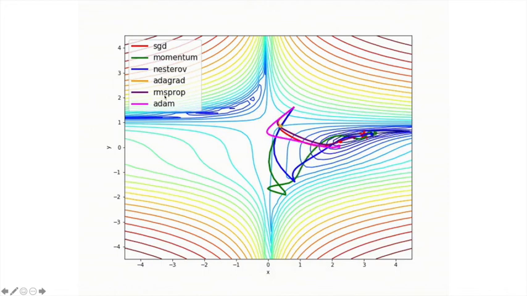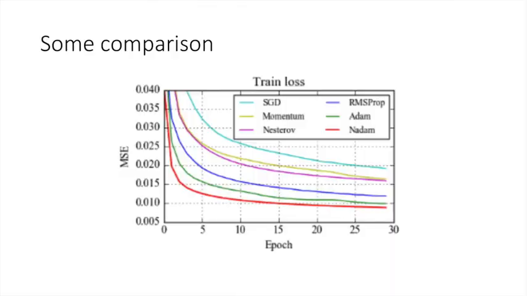RMSProp is fairly fast, but it also takes very, very slow steps. Adam goes pretty much straight to the optimal solution. Here, it looks like Adam is slightly slower than the other algorithms, but in practice, Adam is actually one of the best solvers we have for optimization and training neural networks with a very big number of variables.